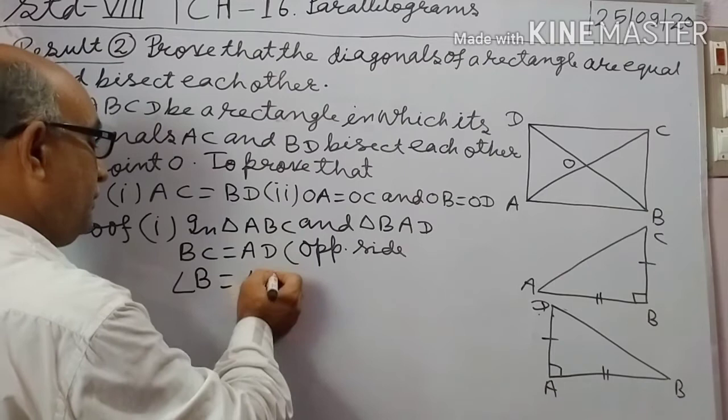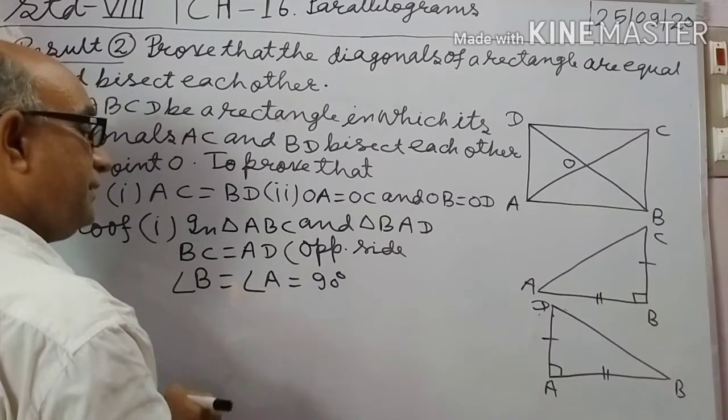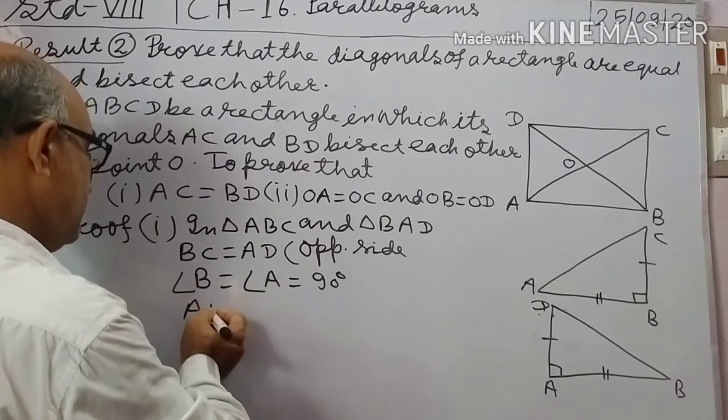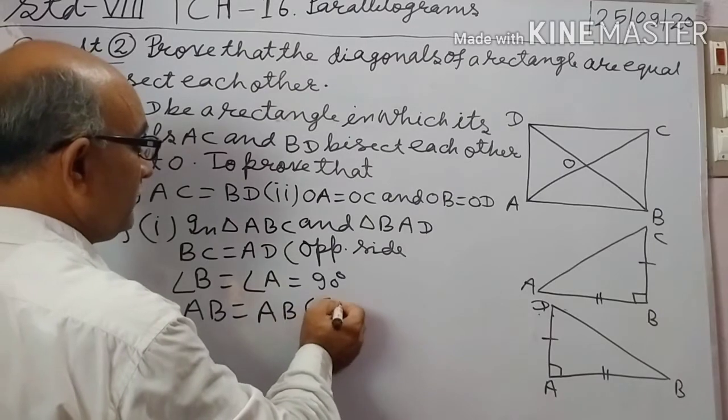Angle B equal to angle A, each angle is 90 degrees. AB equal to AB, common.